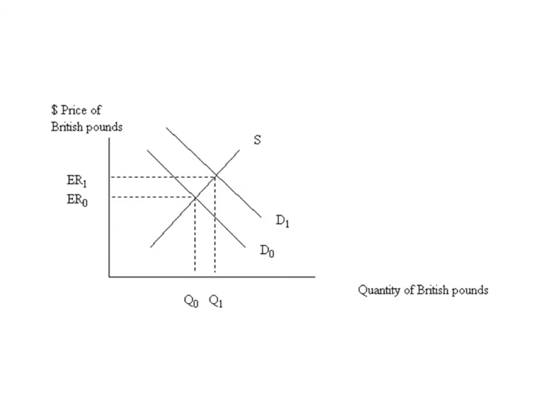We need more US dollars to buy a single British pound. So British pounds have appreciated, then necessarily relative to British pounds, the US dollar has depreciated. So this is a graphical representation of the wealth effect story.